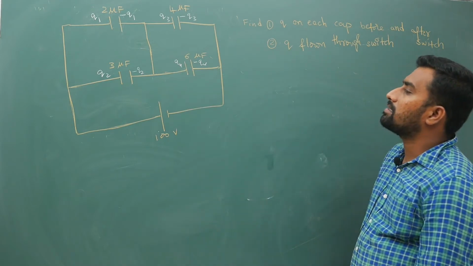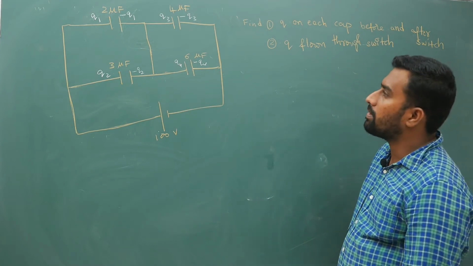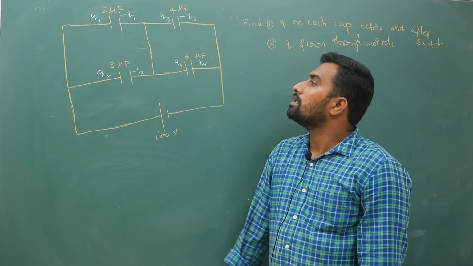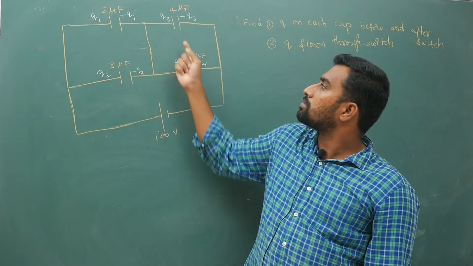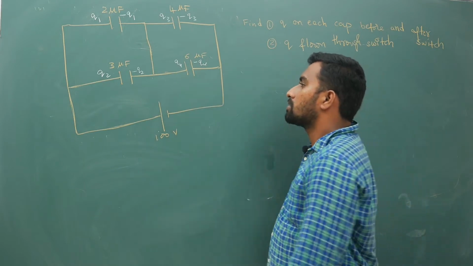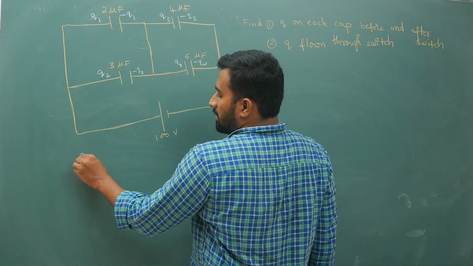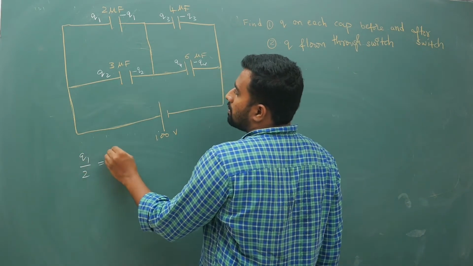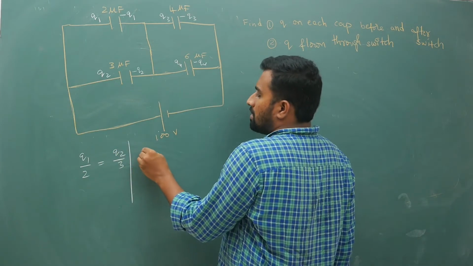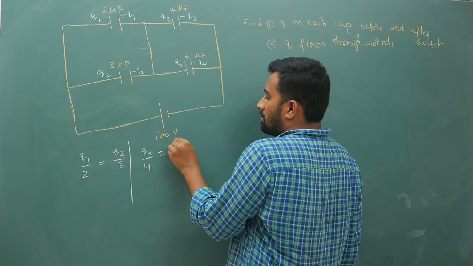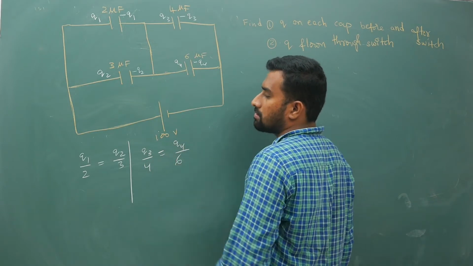There are certain things that you are supposed to remember. These two are in parallel. These two are in parallel. So q1 by 2 is equal to q2 by 3, q3 by 4 is equal to q4 by 6.